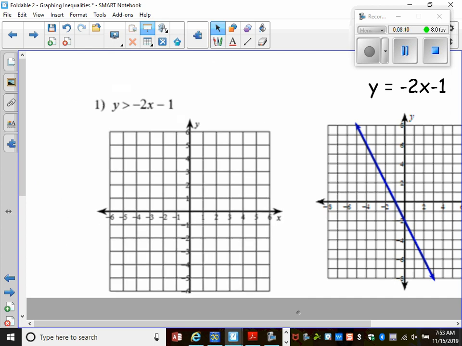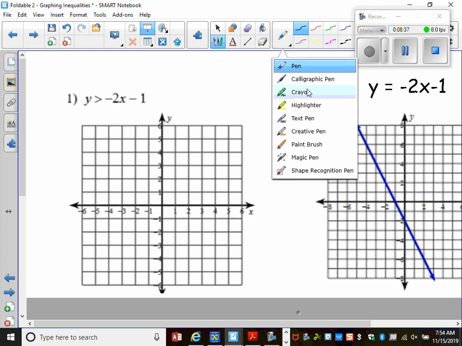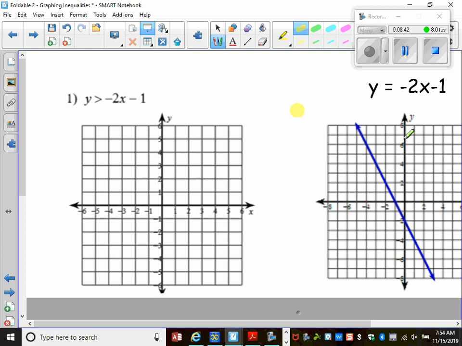So go ahead and graph. My graph is already over here in blue. Go ahead and start at -1 and then use your slope to get your graph. Now, once you have your graph, and this is greater than, that means I'm going to be shading above, not below.